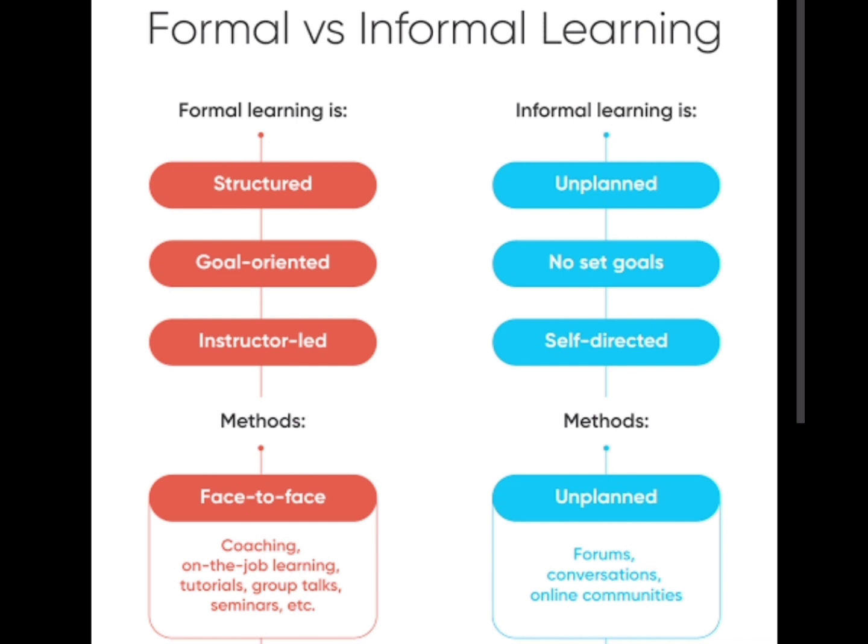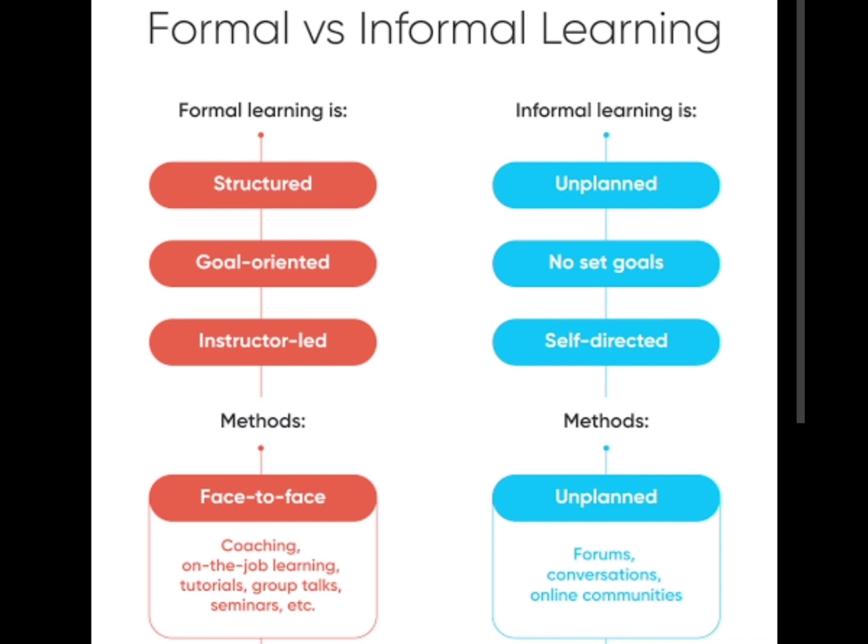Okay, so now going to the next one, that is methods of formal education system, and we have already told formal education refers to the classroom teaching where face-to-face interaction take place between teacher and students, and I think this is clear. So now move on to the next one, that is informal education. So we have already told informal education system is basically unplanned and there is no set goals of informal learning system, and it is basically the self-directed process.